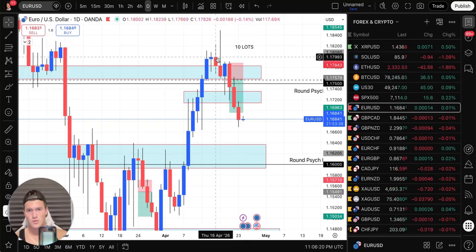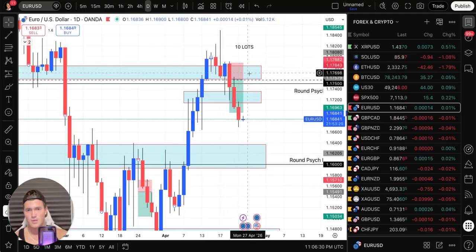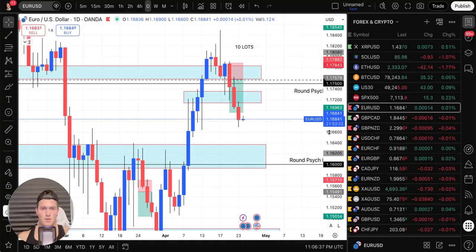Then you had your open up top now, your close, open, close, open, close. Got a little doji here. So does that make sense?